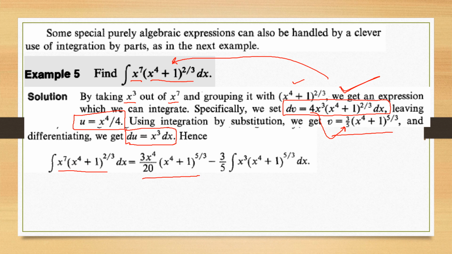Now we have u, which is x power 4 by 4, and v as 3 by 5 into x power 4 plus 1 whole power 5 by 3, whose product is here according to the formula, then negative sign, and the integrand is again the product of v du, because 3 by 5 is outside the integral.